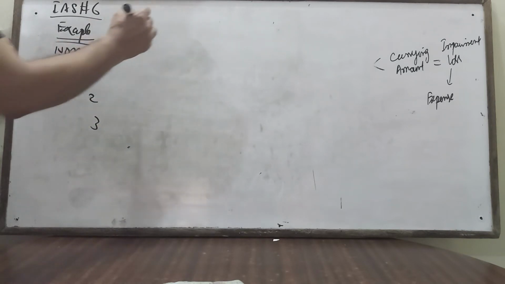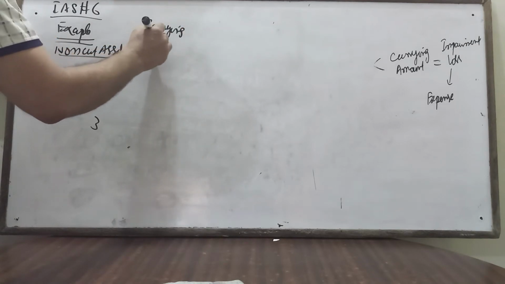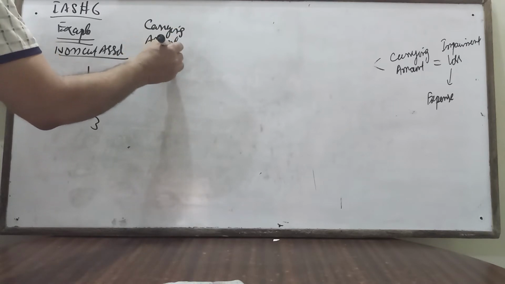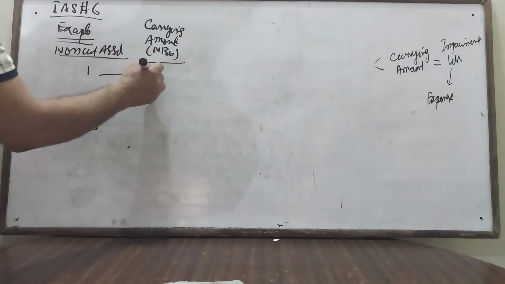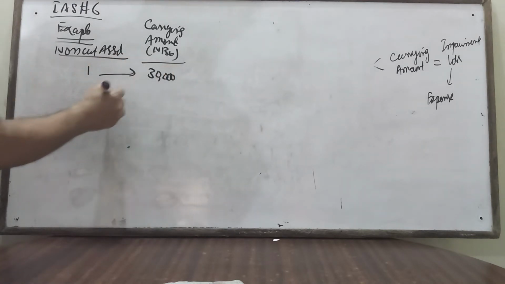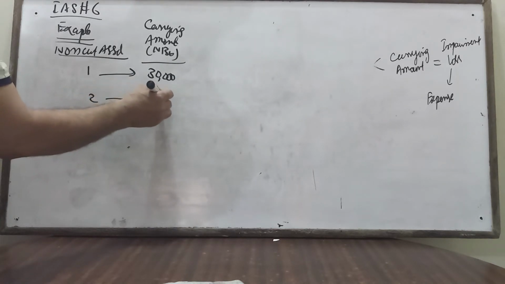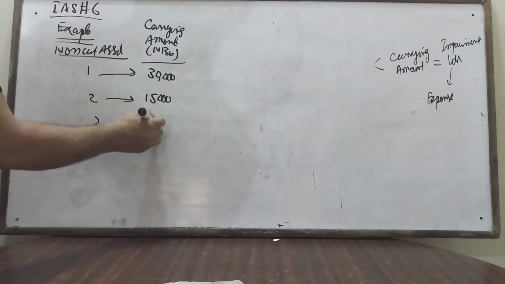Its carrying amount, also known as net book value, is given here. For example, its carrying amount is $30,000, $15,000, and $20,000.